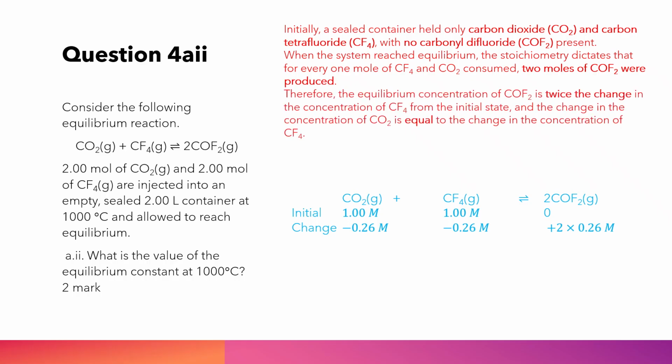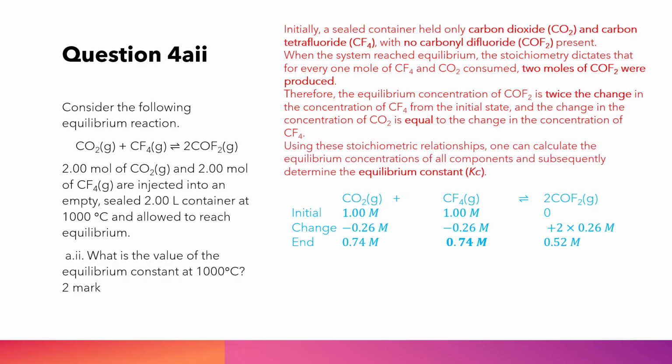Therefore, the equilibrium concentration of COF2 is twice the change in the concentration of CF4 from the initial state, and the change in the concentration of CO2 is equal to the change in the concentration of CF4. Using these stoichiometric relationships, one can calculate the equilibrium concentrations of all components and subsequently determine the equilibrium constant Kc.